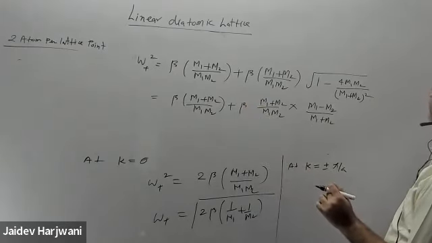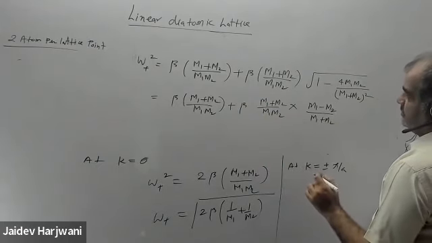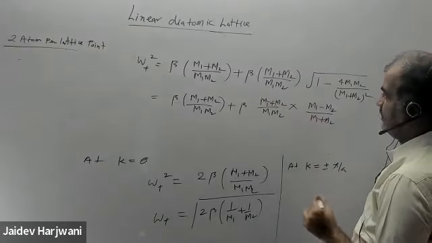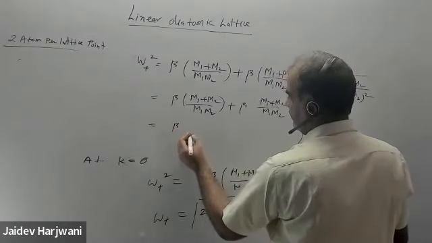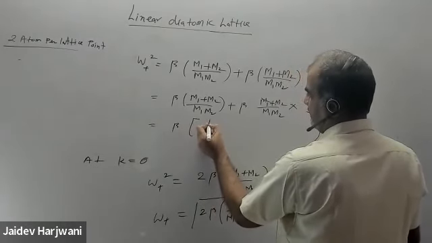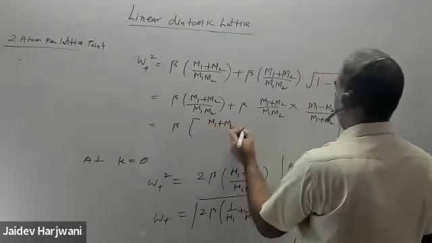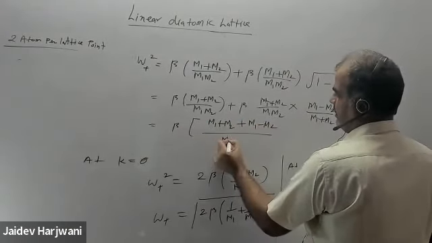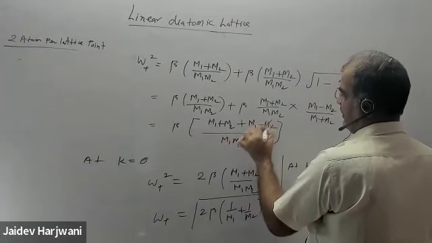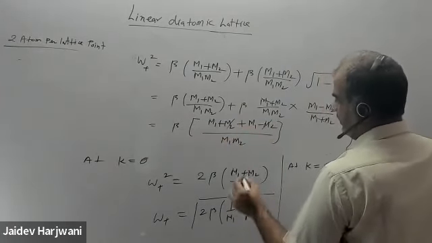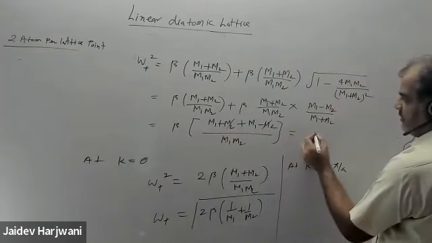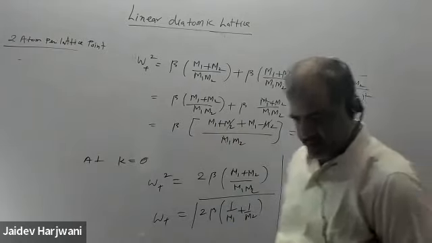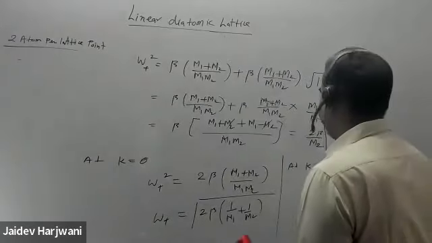There was a mistake, correct it and it simply cancels. So now we have beta (m1 plus m2)/(m1 m2) plus (m1 minus m2)/(m1 plus m2). m2 cancels, 2 m1, m1 cancels, this becomes 2 beta over m2. So that is the lighter atom.